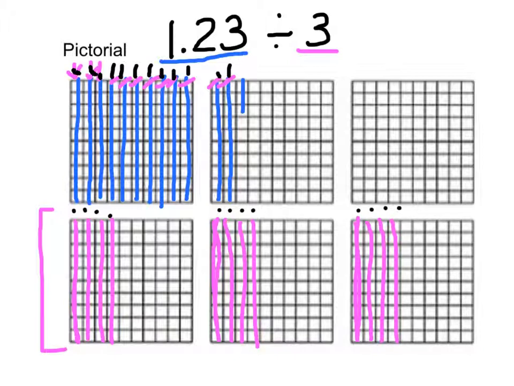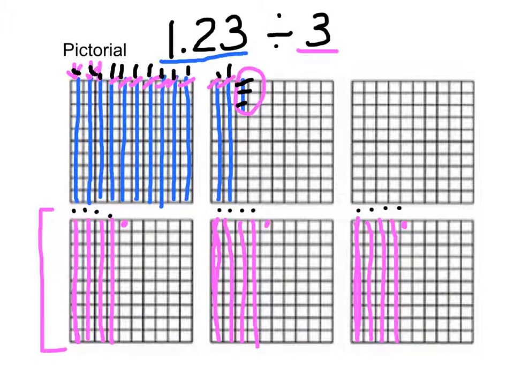I still have the 3/10, the 300ths, I'm sorry, there to divide out. So I'll put 100ths there, the second hundredths, and then the third hundredths. And so now I am completely done dividing those out into the 3 groups.